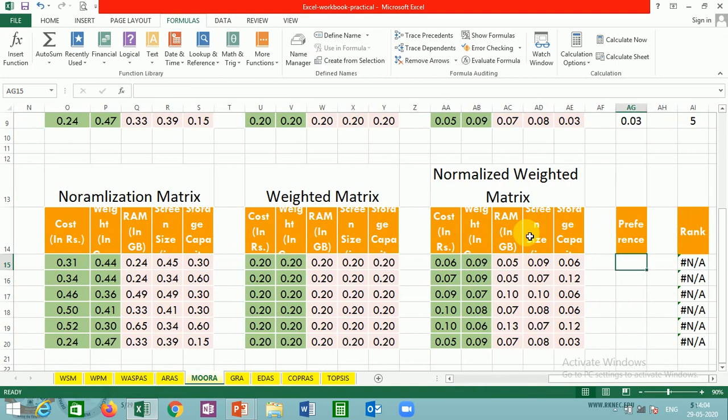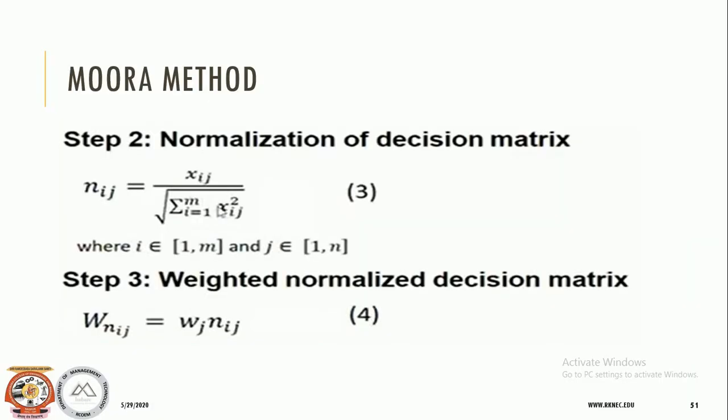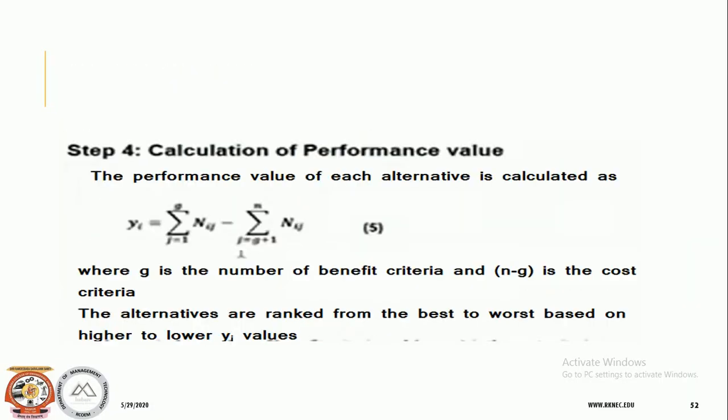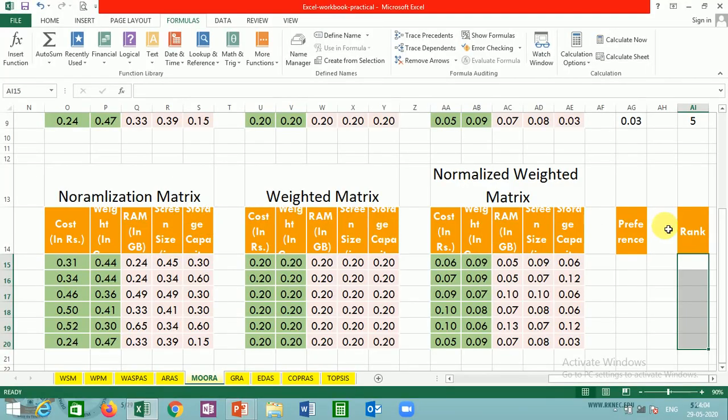Now the preference value. If we go to the algorithm again, let us see how we are going to calculate the preference value. The algorithm says that to calculate the preference value, you must make a subtraction. The summation of non-benefit criteria shall be subtracted from the summation of benefit criteria.